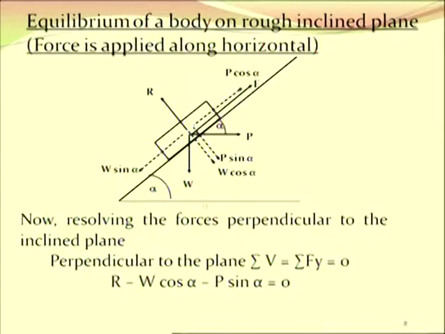So R minus W cos alpha minus P sin alpha is equal to 0. R is acting upwards, hence it is taken as positive. W cos alpha and P sin alpha are both acting in the negative direction of Y, as the x direction is taken along the inclination of the plane and the y direction normal to it. So R is equal to W cos alpha plus P sin alpha. That becomes our equation number 1.